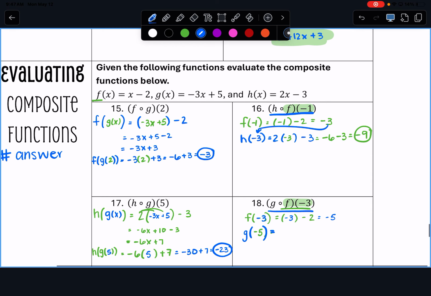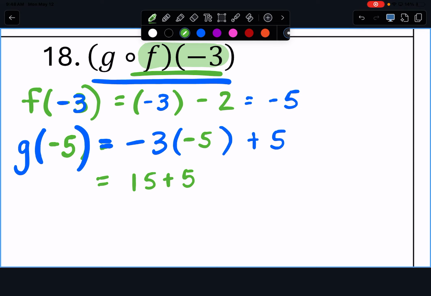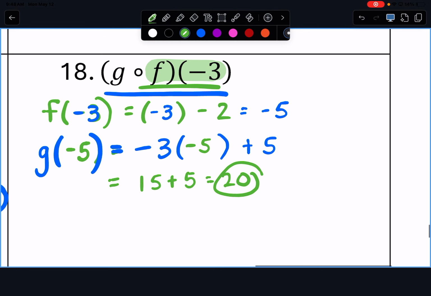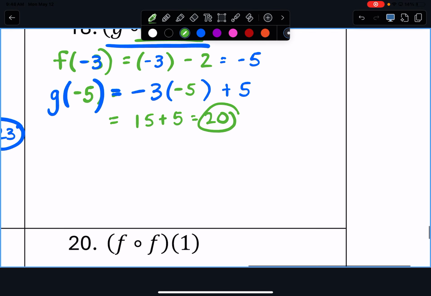So g is negative 3x plus 5. So we have negative 3x plus 5, and we plug in negative 5. And so we get 15 plus 5, which is 20. But both methods work just the same. They're both good.